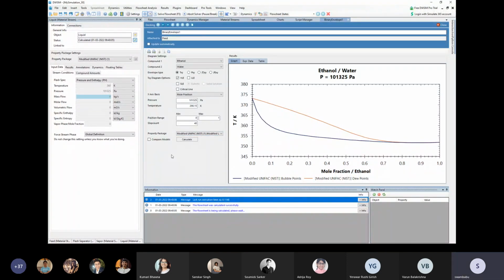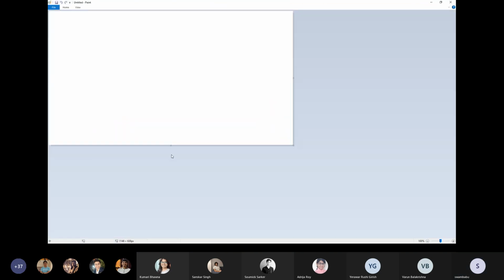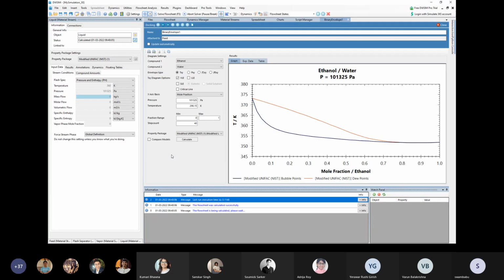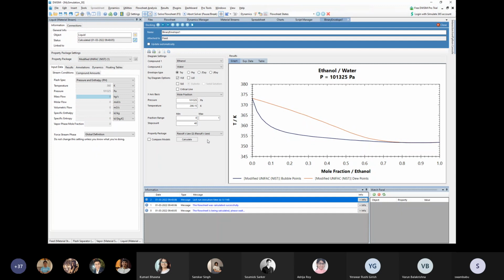So I just copied this with a print screen. If I use Raoult's law, this is the vapor liquid equilibrium data based on Raoult's law.